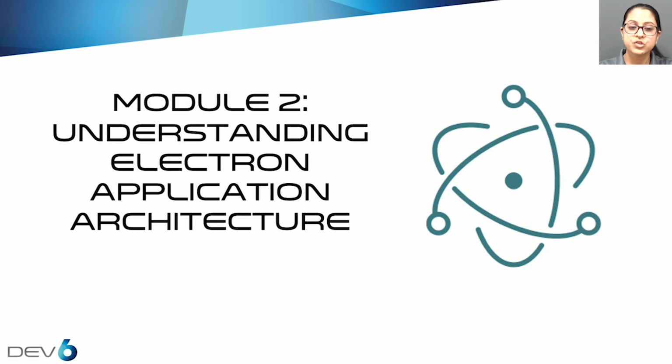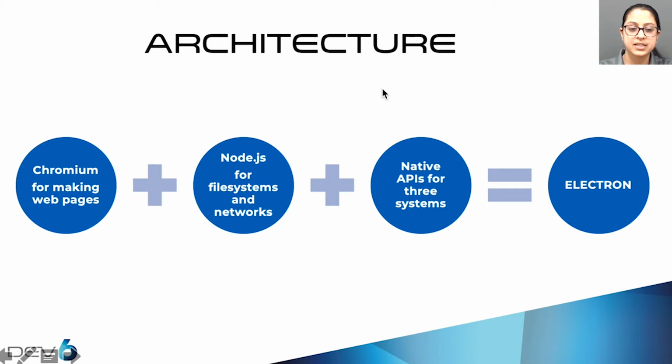And here we come to our second module, where we will understand the Electron application architecture. We will have a brief look at how Electron is actually made and what all parts make it Electron. So this is the simplest architecture diagram I can come up with, and it talks about three important pillars of Electron.